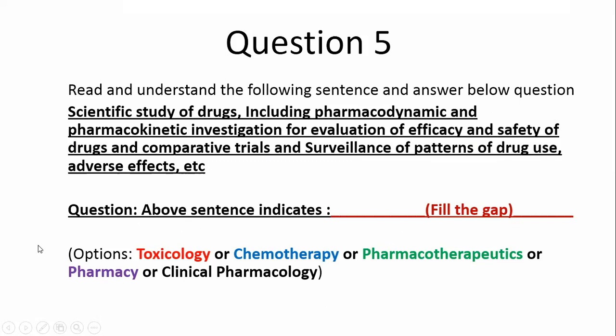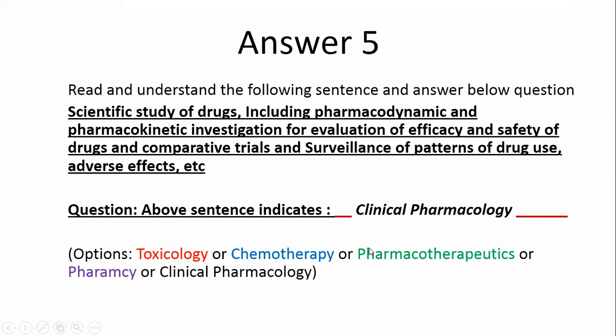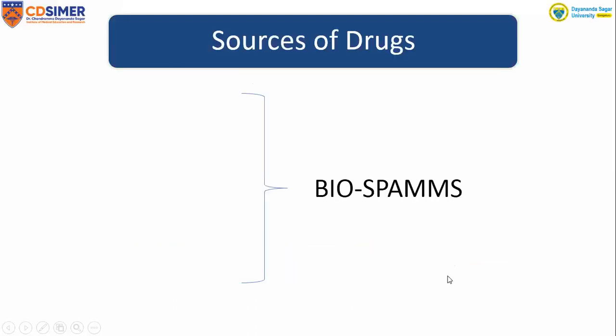Is it toxicology, chemotherapy, clinical pharmacotherapy, pharmacy, or clinical pharmacology? Clinical pharmacology. Very good. It is the scientific study that deals with evaluating efficacy and safety of drugs, comparative trials and surveillance of drug use patterns.